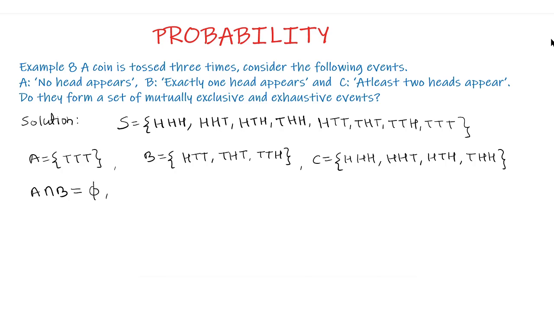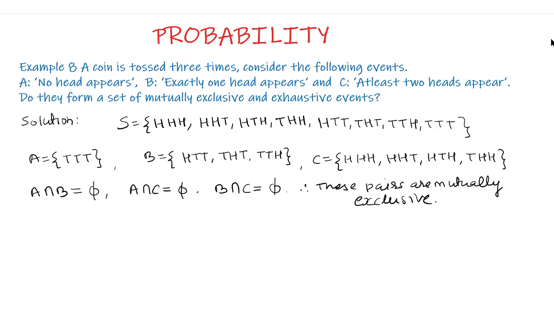Now we take the pair A and C. So A intersection C is equal to phi, as there is no common element between A and C. Now we take B intersection C. Here also we find that there is no common element between event B and C. So B intersection C is also phi. It means that these pairs are mutually exclusive.